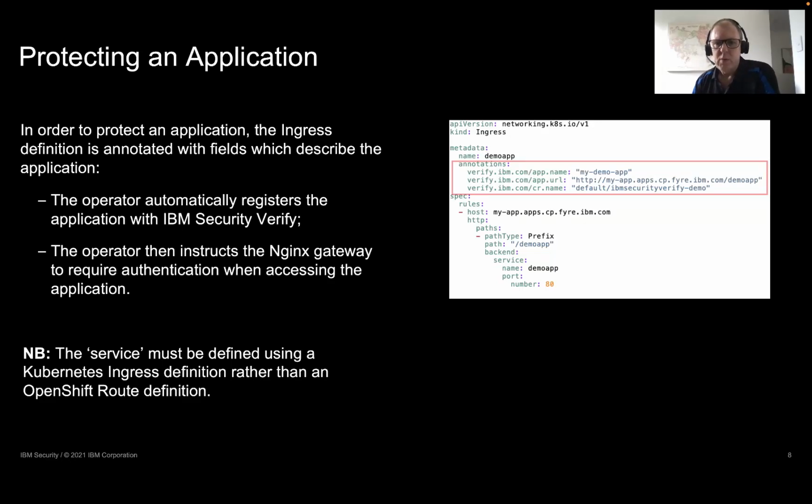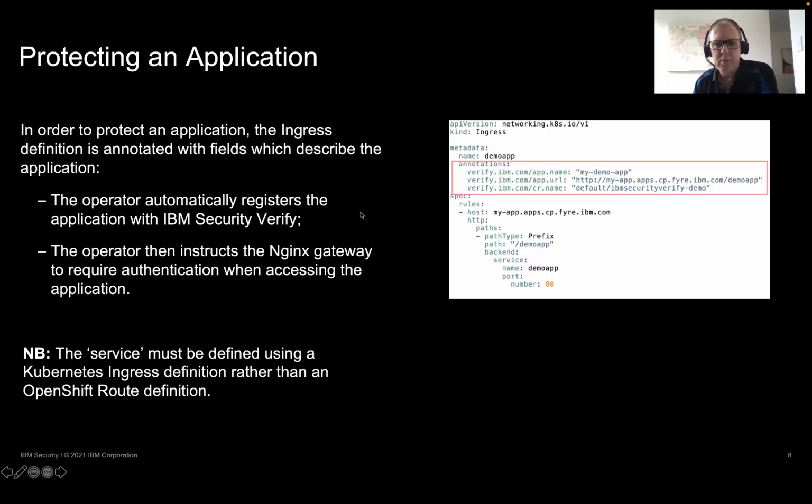But what the application developer does is add annotations to that ingress definition to provide the operator with the information that it needs in order to register the application with Verify and also instrument the Nginx ingress controller so that it can authenticate the user when accessing this application.